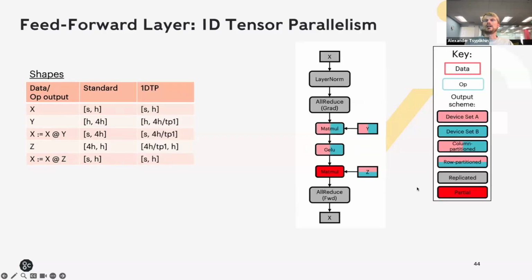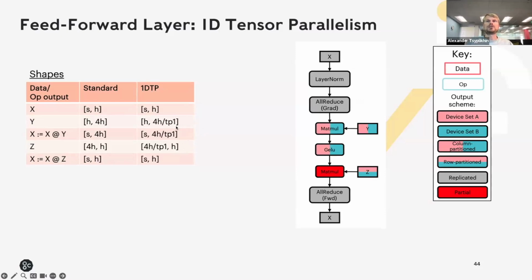Now, if we run tensor parallel with 1D, one-dimensional tensor parallelism, as it was described previously, we'll observe that now the weights are split across the devices, which we will call the device set A and device set B, because each, well, it can be not a single device, but more than one device in each tensor parallel group.